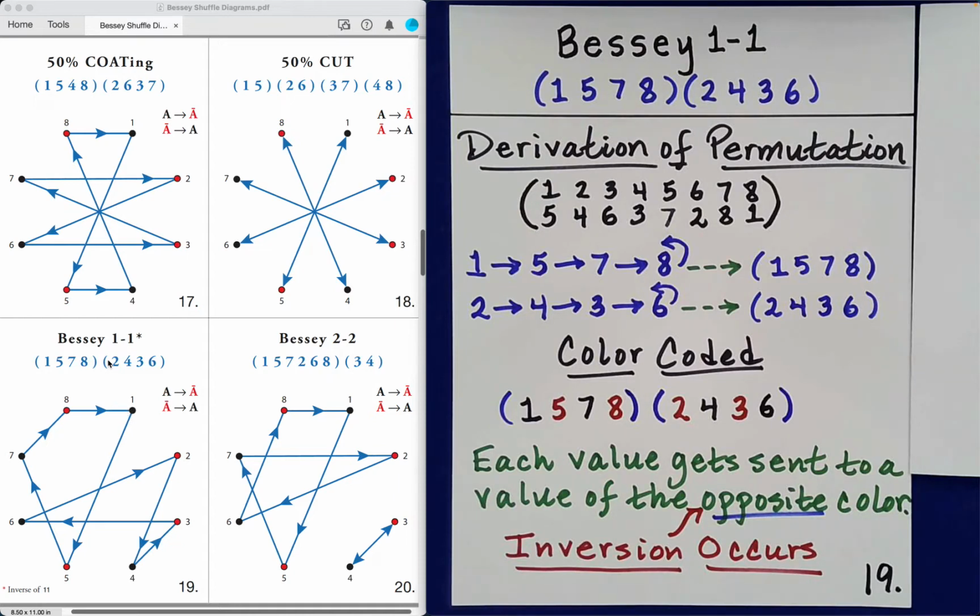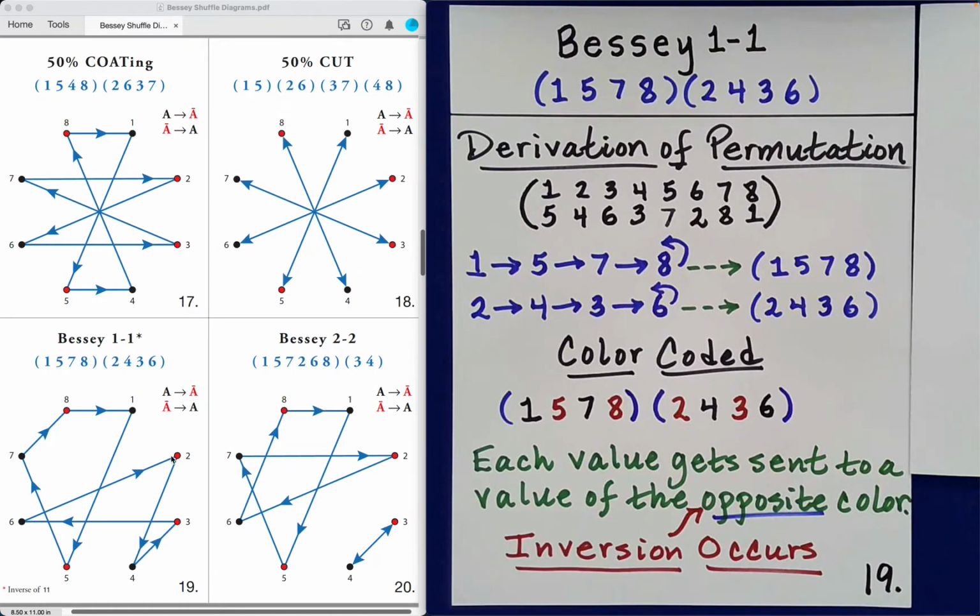And now if we take a look at 2, 2 goes to 4, which goes to 3, which goes to 6, which goes back to 2. So if we start at 2, it goes down to 4, 4 goes to 3, 3 goes across to 6, and then 6 goes all the way across back to 2, completing that cycle, which gives a second orbit of the same size, namely 4 elements.